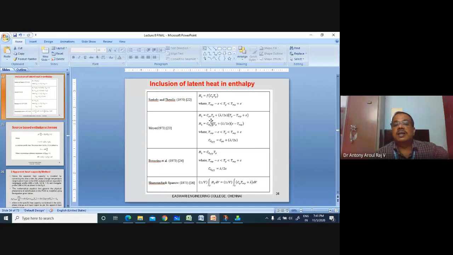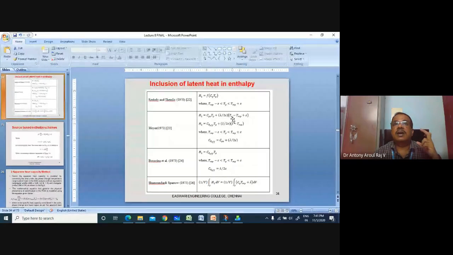Correct? Because somewhere in between, at 50%, just now I told you, if the temperature is 31, it is 50%. At that point, Tp is 31 and Tm is the middle value, 31. Please try to understand: the solidus temperature is 30, the liquidus temperature is 32.